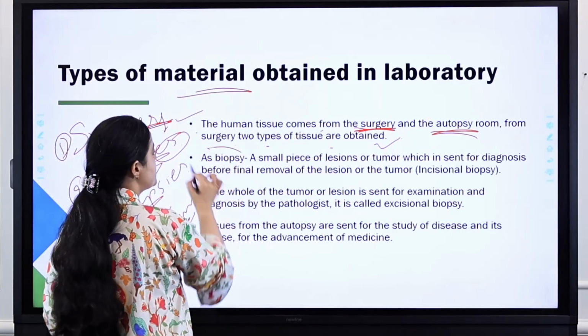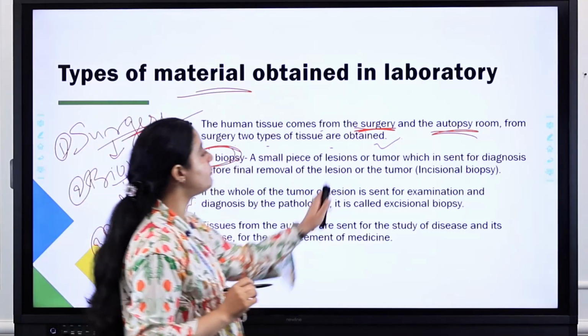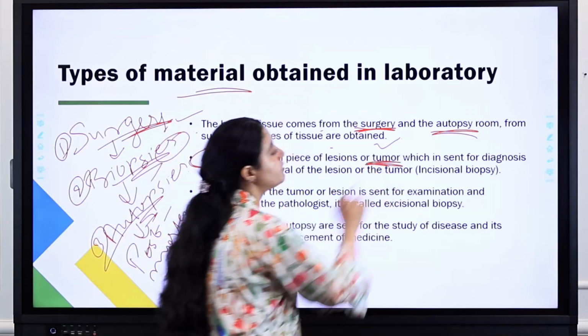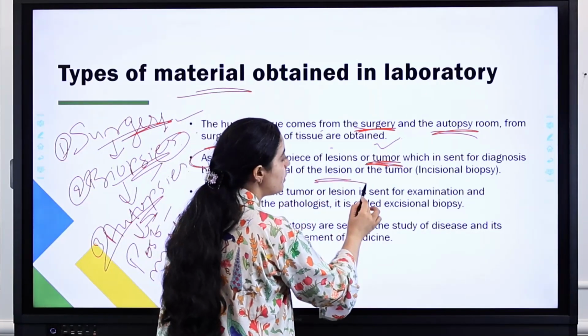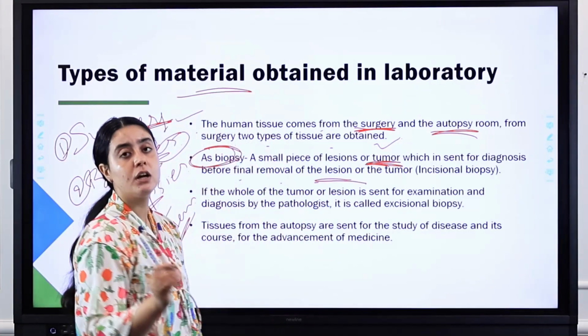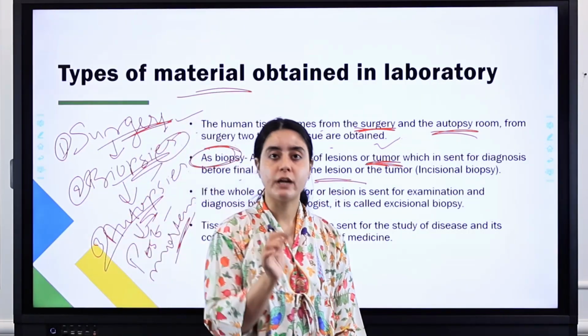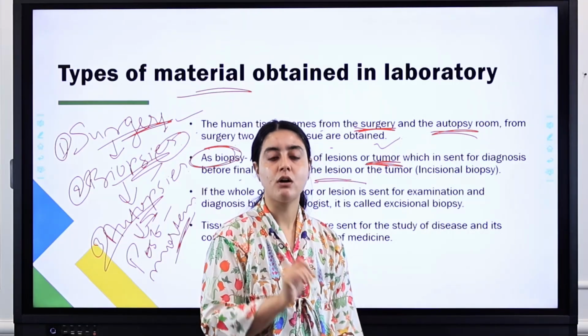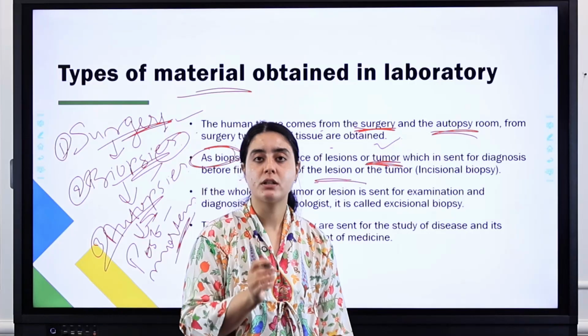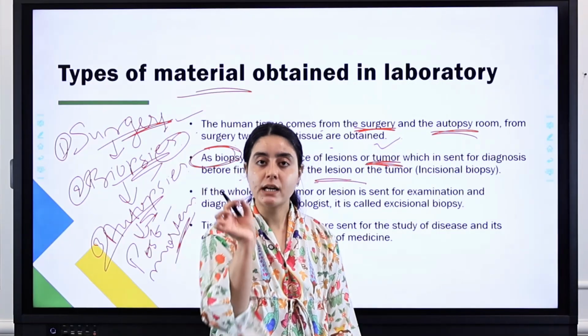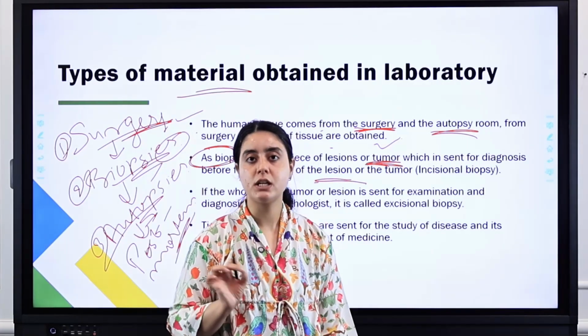First, as a biopsy, a small piece of a lesion or tumor is sent for diagnosis before final removal of the lesion or the tumor. Before any final removal of that particular lesion or tumor in the body, a piece of it will be cut and sent to the histopathology lab.